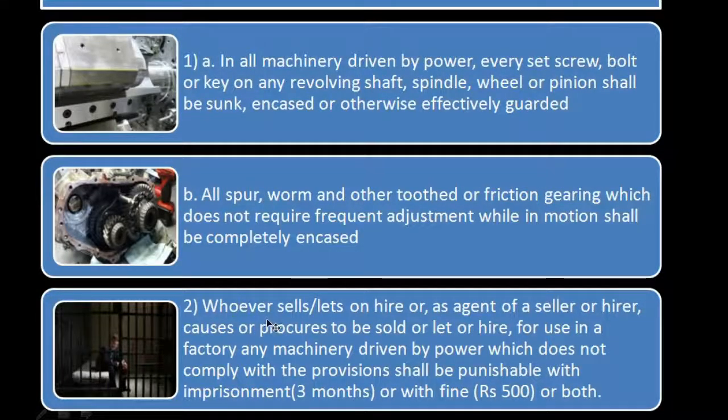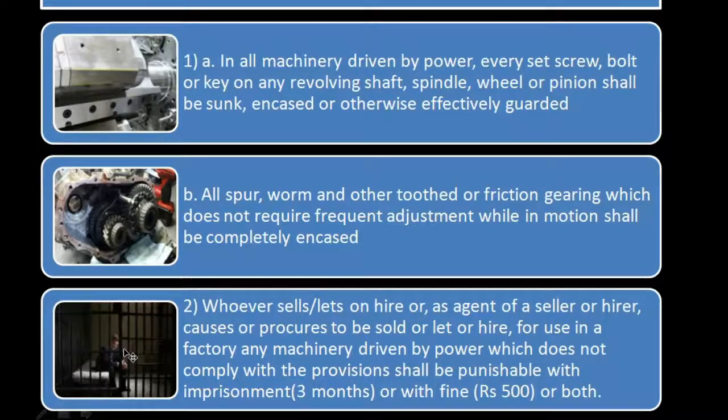Subsection 2. Whoever sells, lets on hire, or as an agent of a seller or hirer, causes or procures to be sold or let on hire for use in a factory any machinery driven by power which does not comply with the provision shall be punishable with imprisonment of 3 months or with a fine of ₹500 or both.